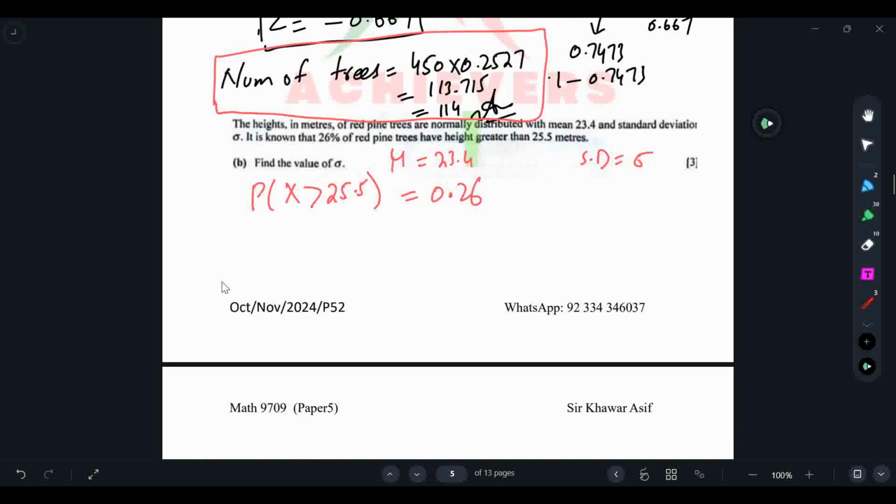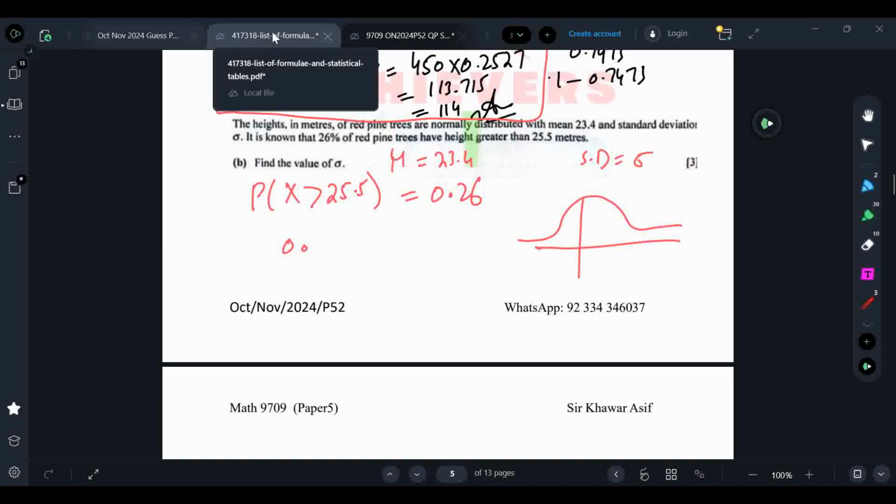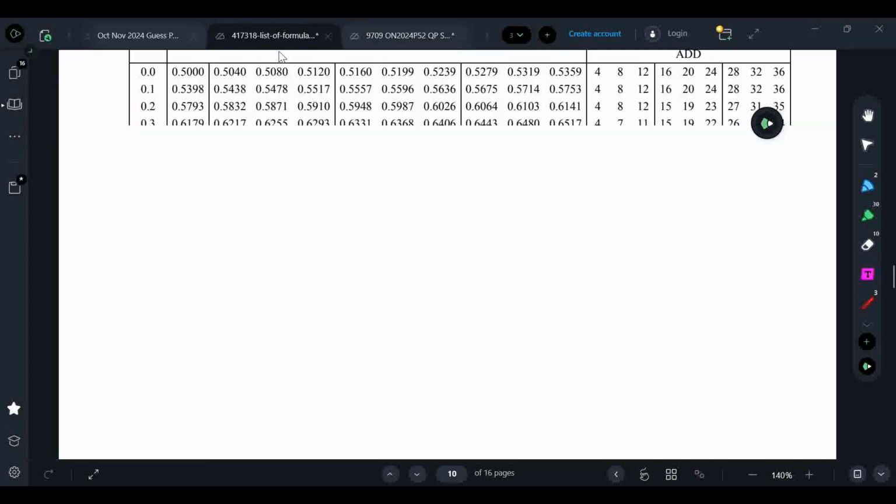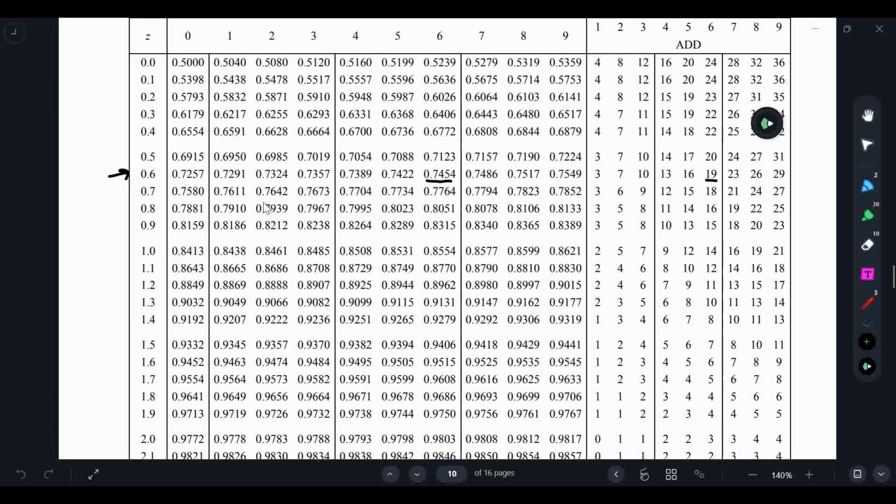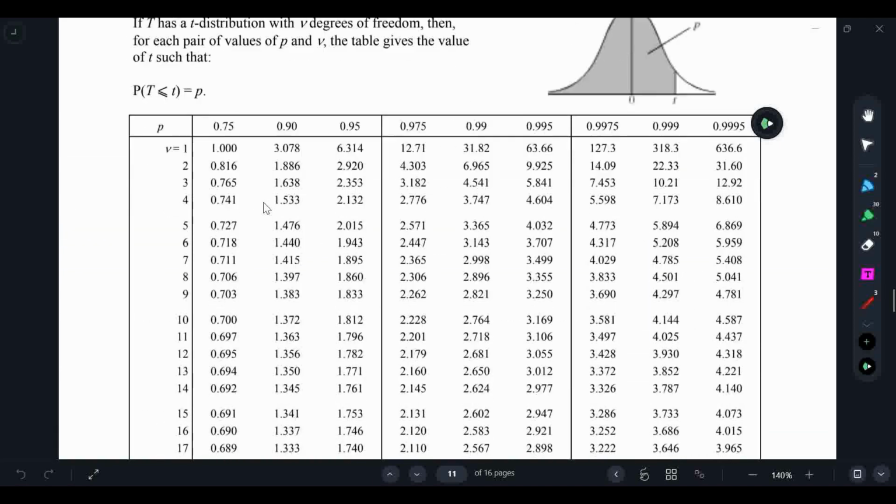So probability is given as 0.26. Now if we see the table again, we have to see the reverse thing. So for 0.26, let me check the table.